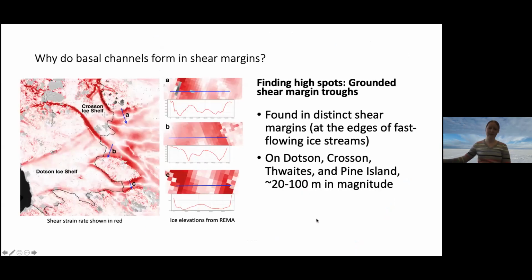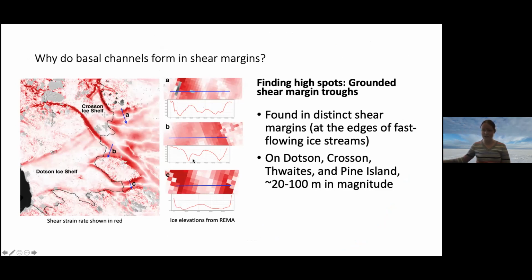So we dug into that a little bit, thinking about why we might get channels disproportionately in shear margins. And I think the answer to this really starts on grounded ice. We used the Reference Elevation Model of Antarctica, REMA, to figure out what the surface elevation was doing in shear margins on grounded ice. And what we found is that there are big dips in shear margins on grounded ice.